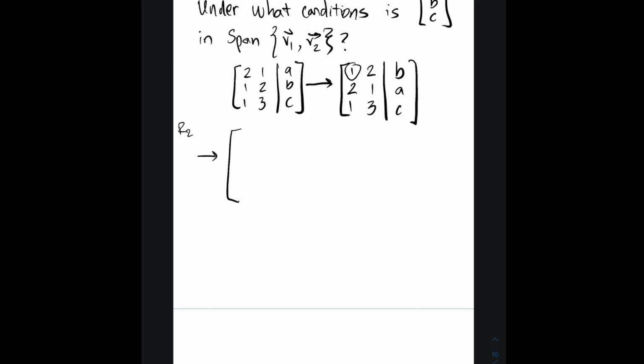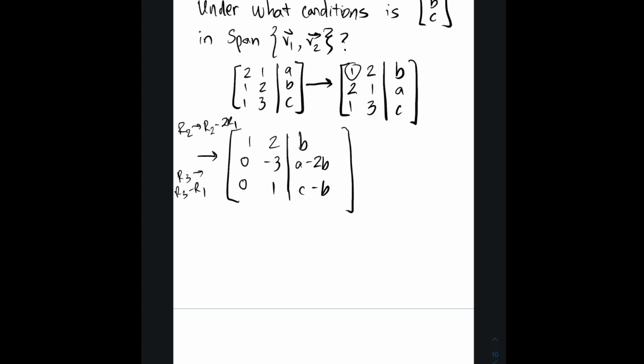So we can do row 2 turns to row 2 minus 2 row 1. It looks like you're going to get 0, minus 3, and then A minus 2B. And then we can do row 3 turns into row 3 minus row 1, so it'll be 0, 1, C minus B. Okay, and again we can swap rows 2 and 3 to get a 1 because we're done with the first column.